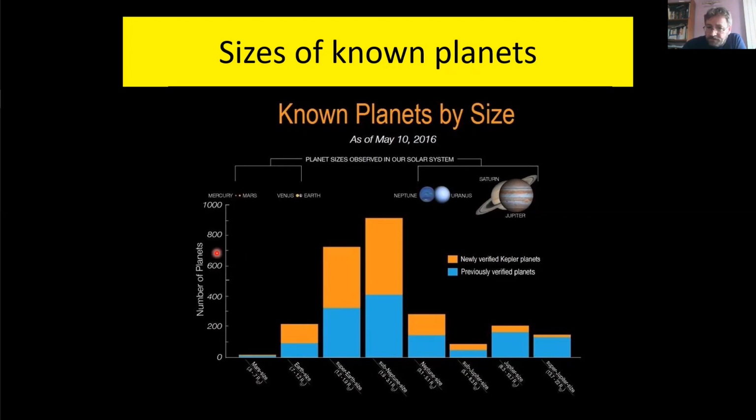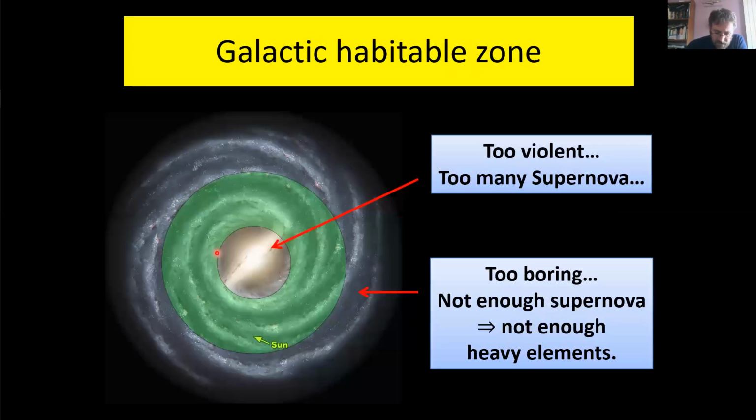Okay, but we have heard now a lot about habitable zones, and I just want to remind you to also look for suns. There is also in our galaxy, if we take this artist's impression and lay a ring over it, a center of the galaxy which is too violent. Too many supernovae happened. Maybe even at the spiral rings, where the blue stars are formed and then quickly go away, that might also not be too nice.